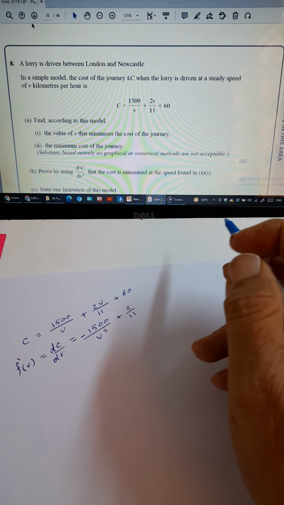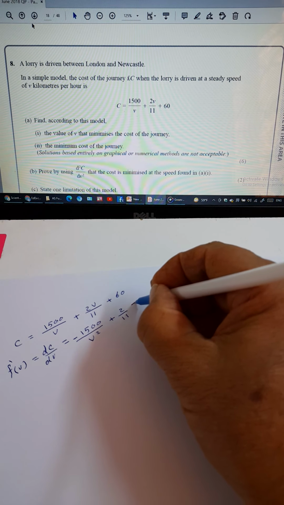The derivative of 60 is 0. Now we set this equal to 0.